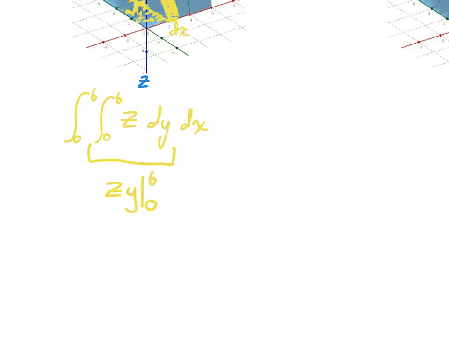Oh, sorry. Back it up. At this point, we have to plug in the z function because z does have a y in it. We have to make that substitution. So z is equal to x squared sine pi y over 6.